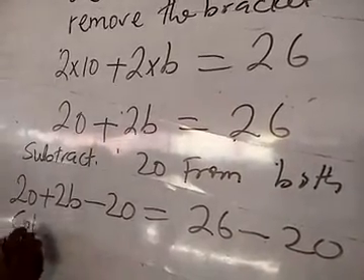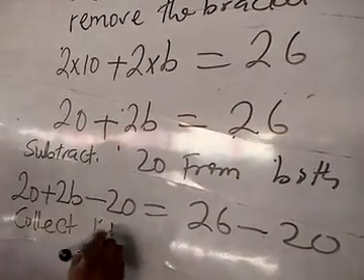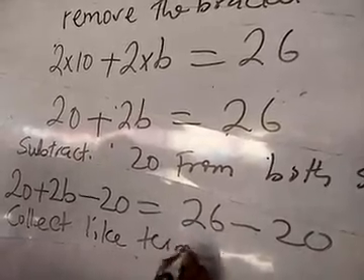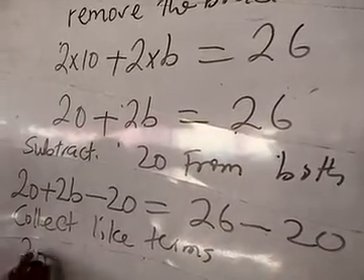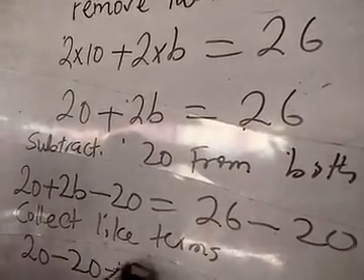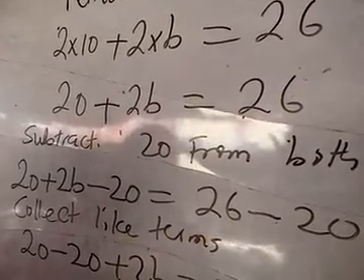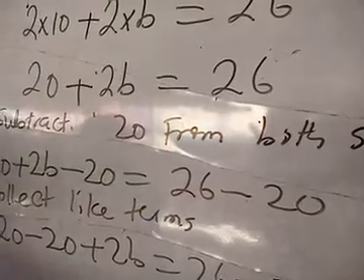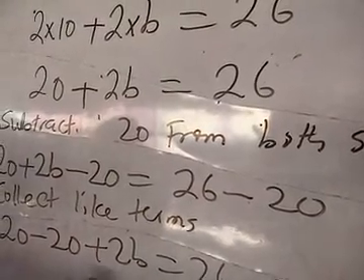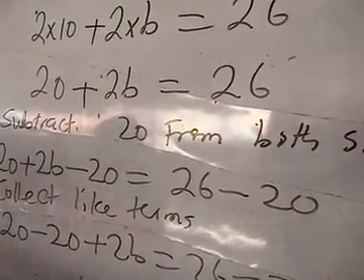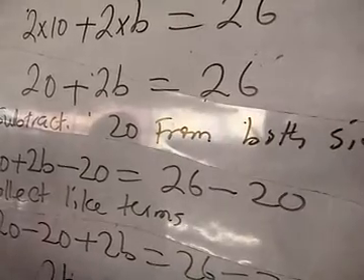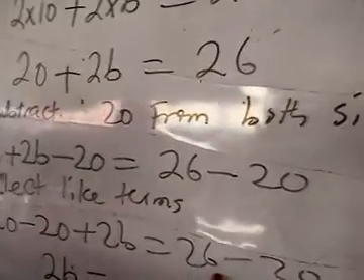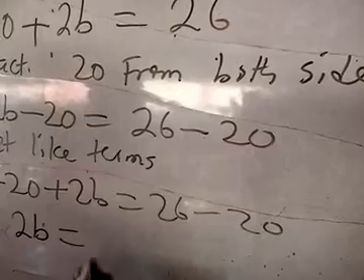Now collect like terms. You have 20 minus 20 plus 2b will give you 26 minus 20. Now 20 minus 20 will give you 0. So at the left hand side you have only 2b. Now 26 minus 20 will give you 6.